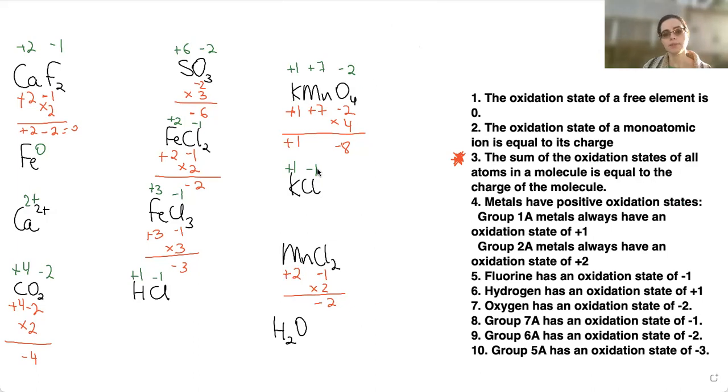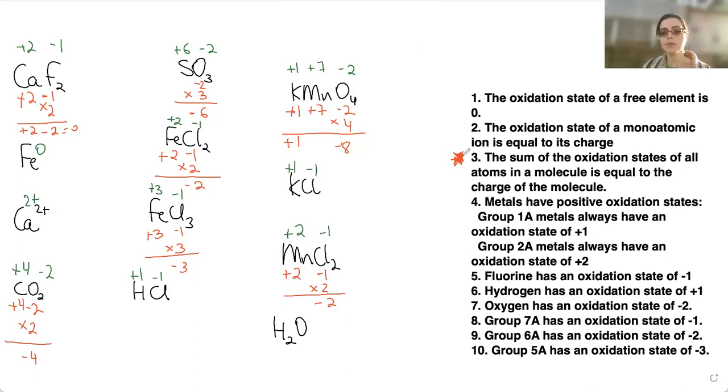So this is a very good example, actually, because it just goes to show us that you have some atoms that are not part of the rules here. A lot of transition metals are not really part of the rules here. And we have to deduce what they are based on rule number 3.